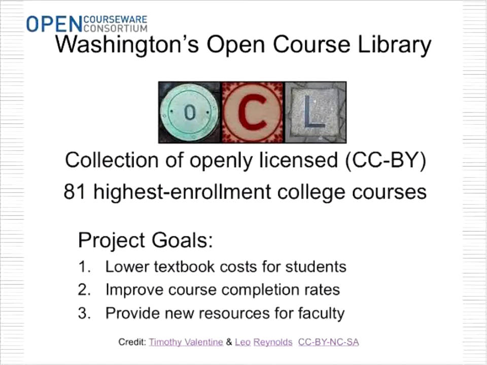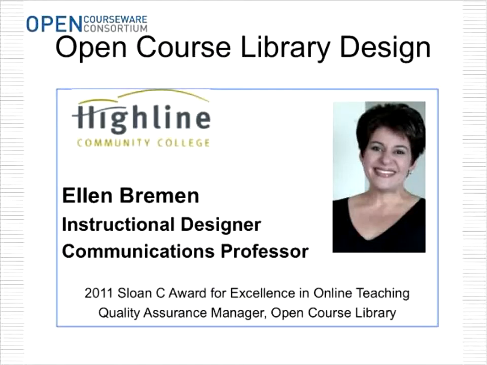And now, as of last fall, the Open Course Library is sharing the first 41 of these courses with the world, essentially, because they're openly licensed. Although they were developed in Washington State, they are now available to community college educators, students, and any other interested learner throughout the world.